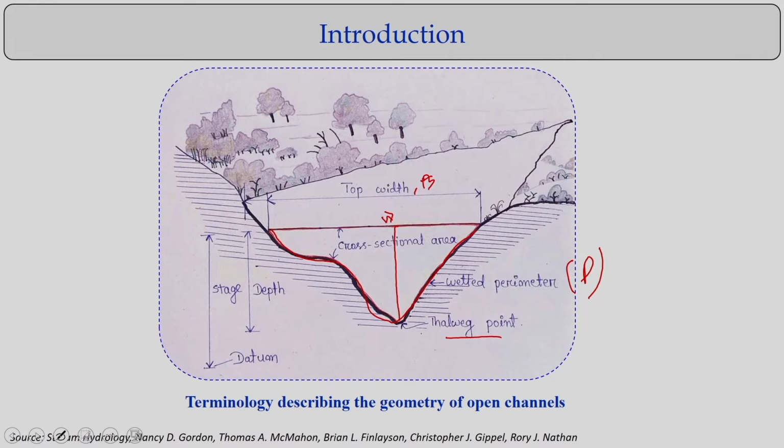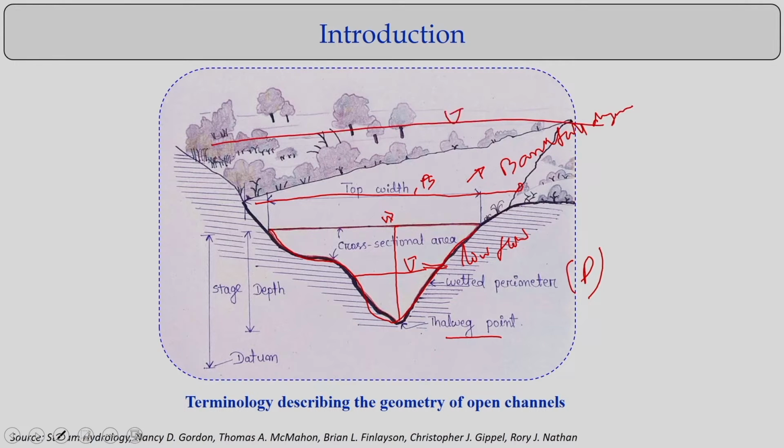So you may have the low flow here. You can have the flow at the top width, which indicates the bankfull discharge, and sometimes you can have the flow at this level, which includes the river and the floodplain.